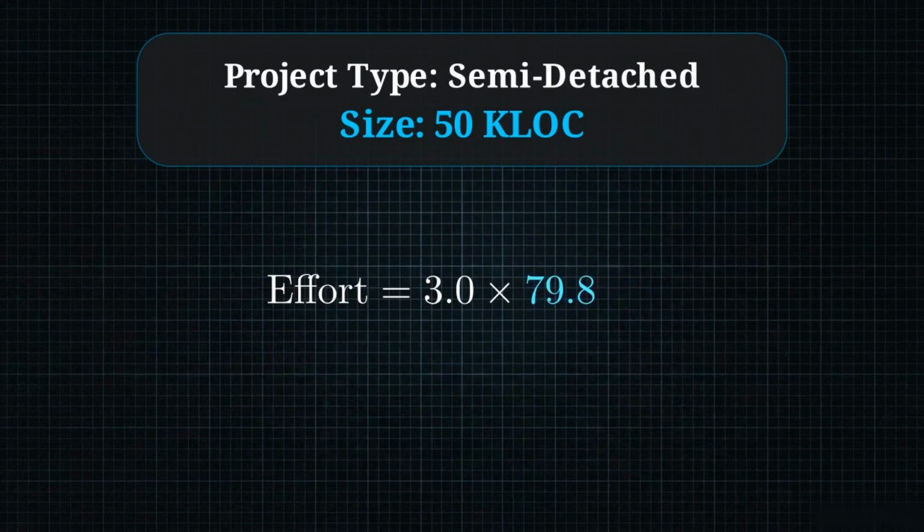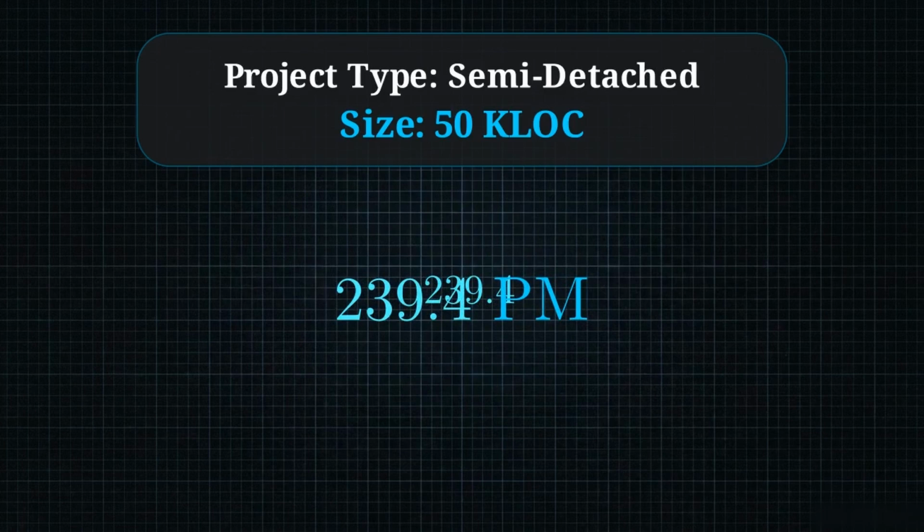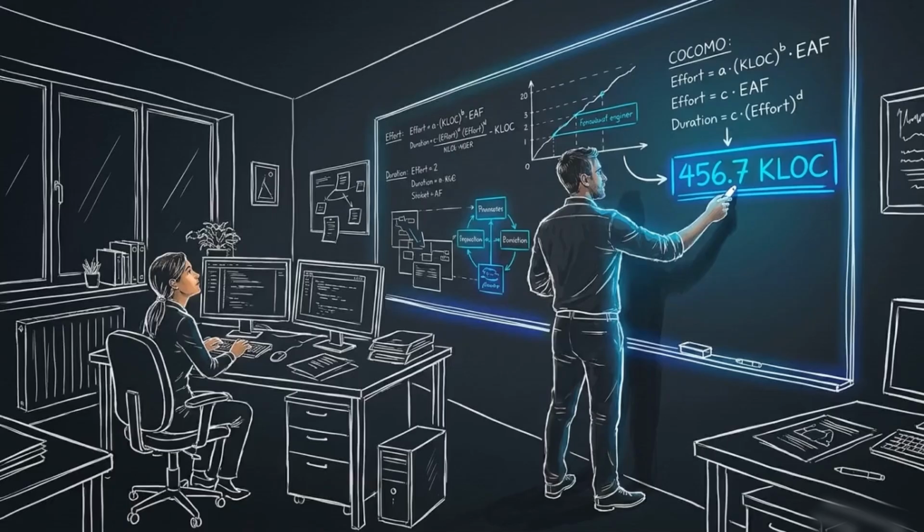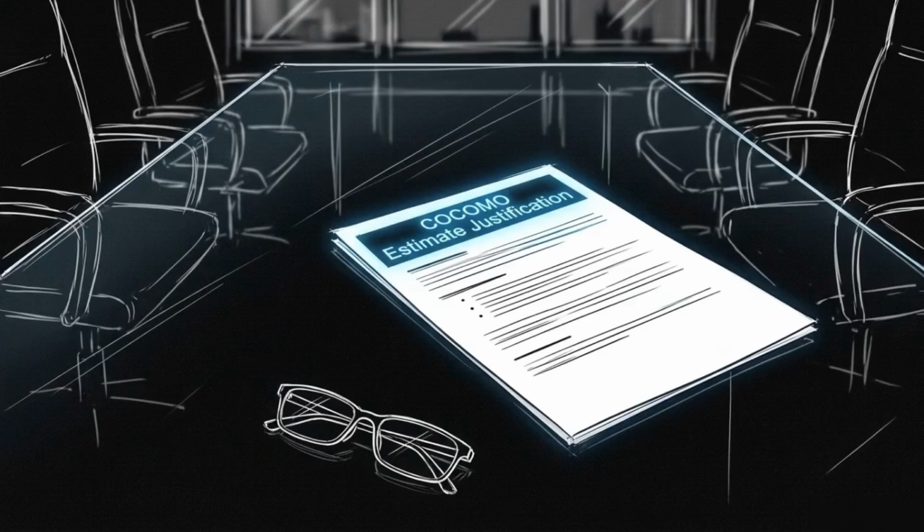Resolving the math gives you a final requirement of 239.4 person-months. By using these formulas, you replace subjective guesswork with a concrete mathematical model. When a stakeholder asks why a project requires 239 person-months of labor, you have the exact calculation to back up your schedule.